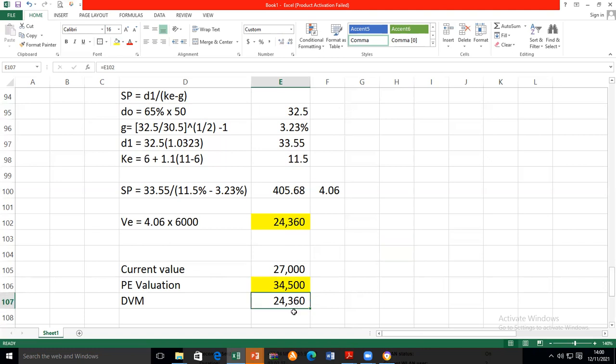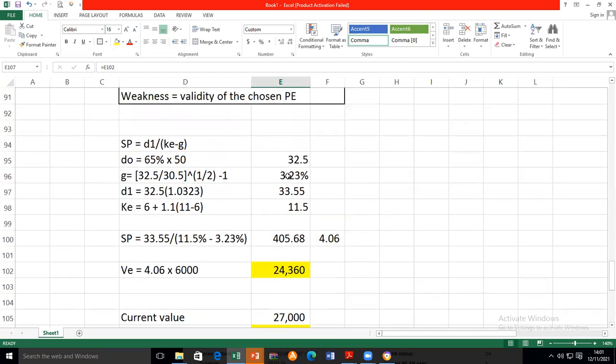The dividend valuation model is low. This could also reflect weaknesses. Maybe this G is not correct. It may be an error in the implementation of the G, or the payout ratio that we have used there. Those could be the challenges.